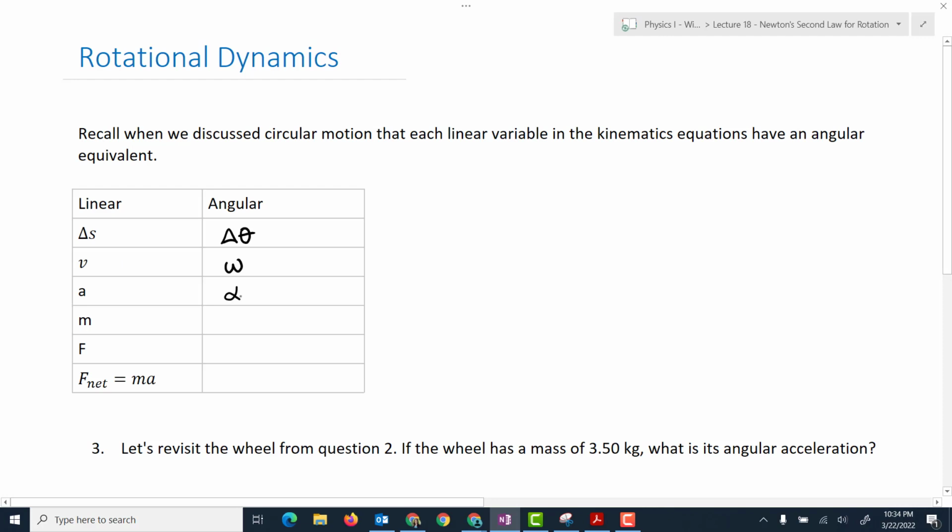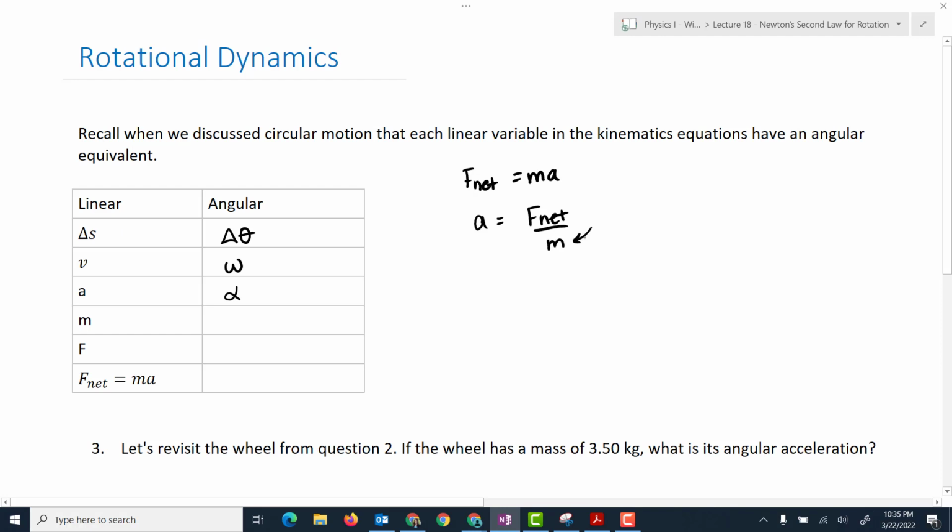And then we talked about mass a little bit when we talked about moment of inertia. So mass was what makes it harder for something to accelerate. So remember we talked about F net equals ma. For a given F net, if we're trying to solve for the acceleration, it equals F net over m.